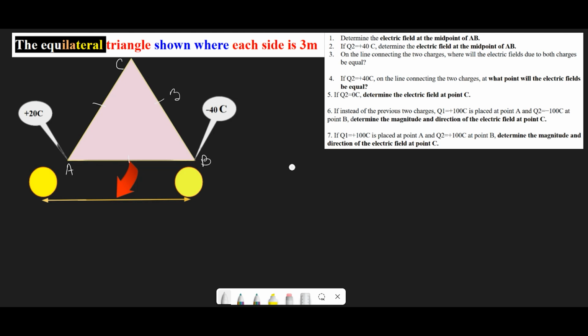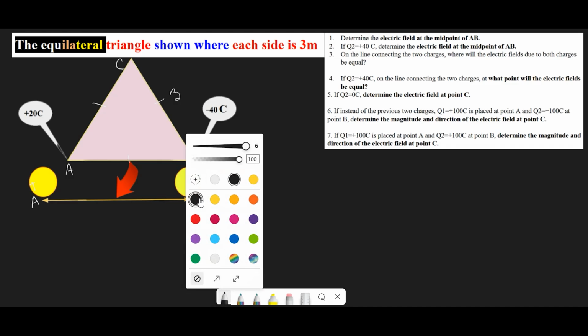It means this is A and this is B. So this is the charge A and obviously B. Charge A is, let's use a different color pen to highlight.